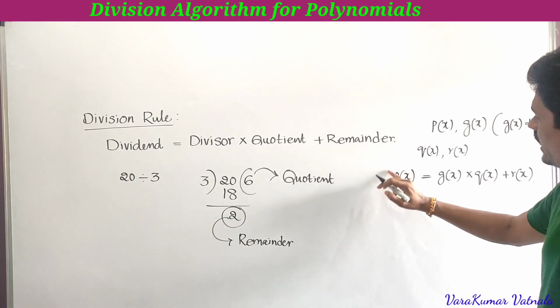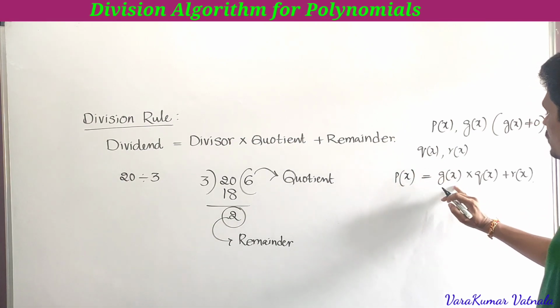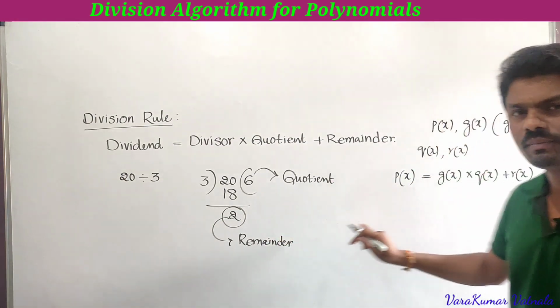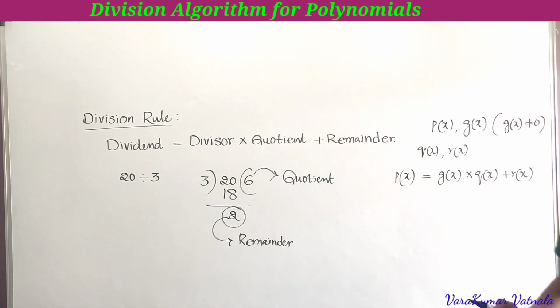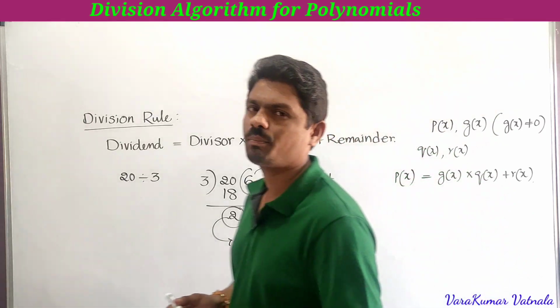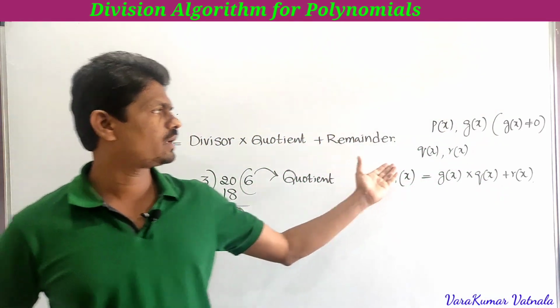If we divide p of x by g of x, we get a quotient and remainder. Here q of x is the quotient, r of x is the remainder.